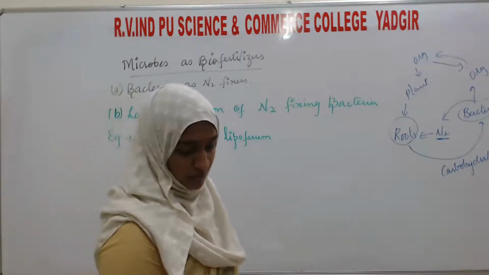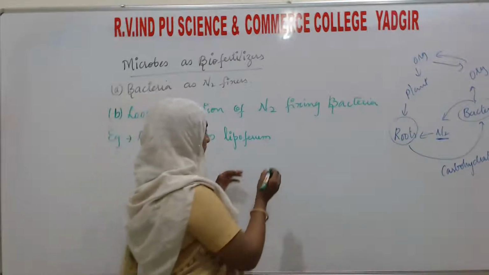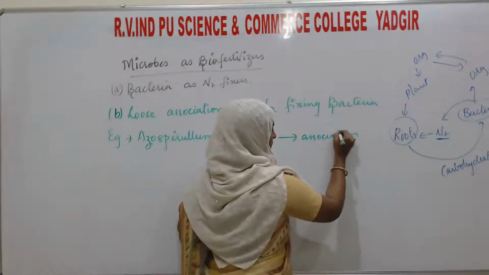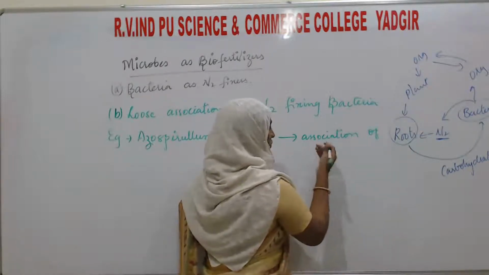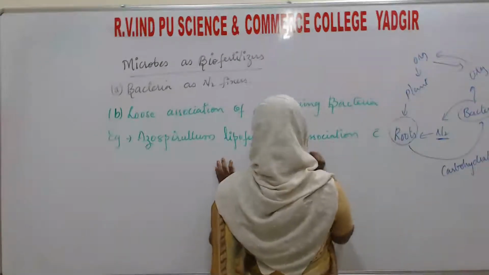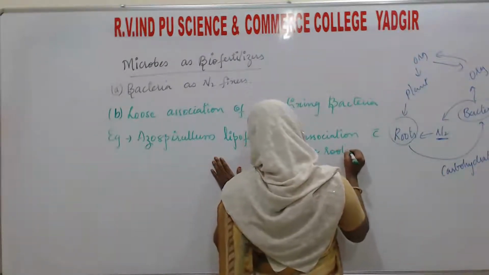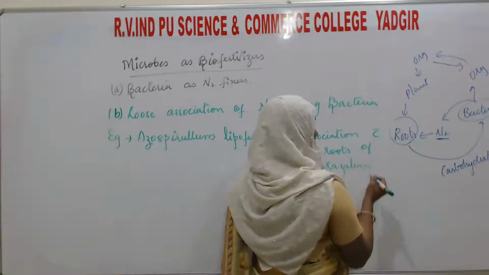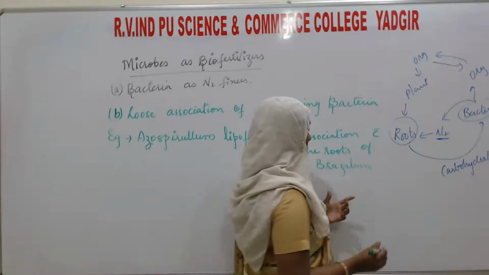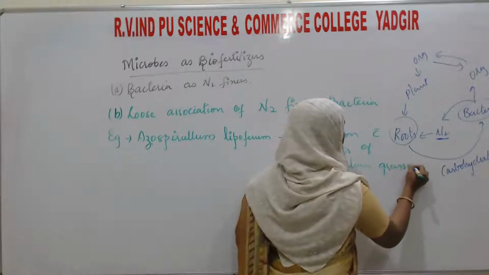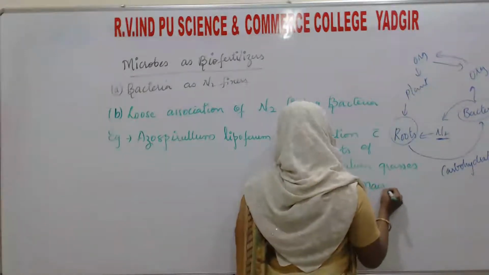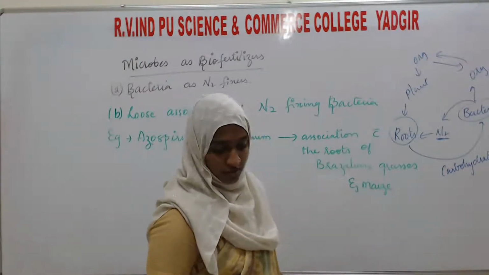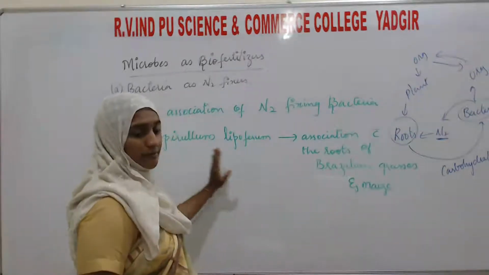This Azospirillum lipoferum is in association with the roots of Brazilian grasses. This is one variety of grass. They are named Brazilian grasses, and maize. They are in close association with what? With the Brazilian grasses and maize. What is that? That is Azospirillum lipoferum.